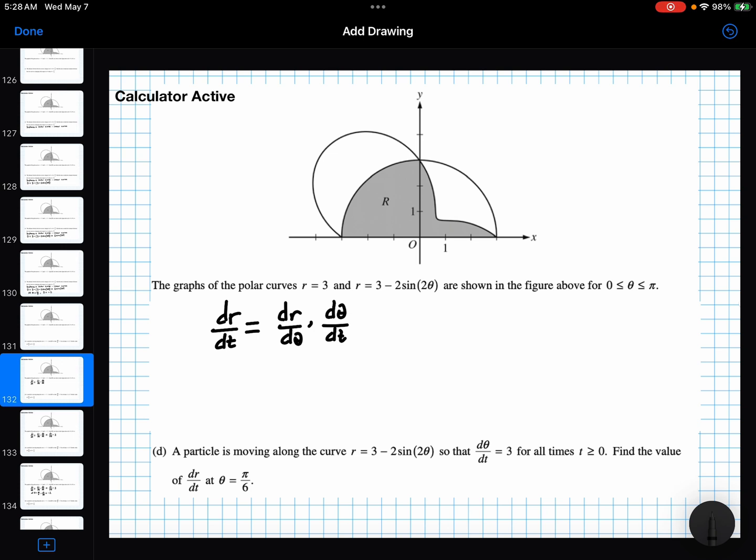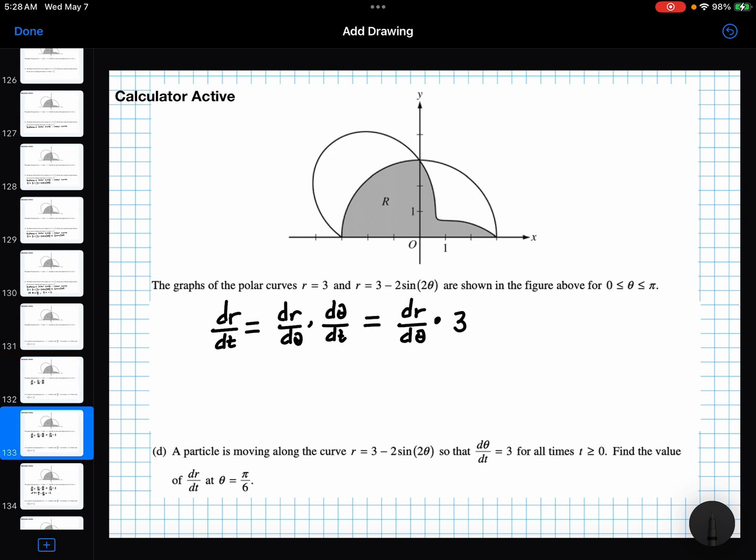I want to get rid of the theta in my denominator and replace that with a dt. So I multiply the fraction of dr d theta by the denominator of that fraction, d theta over dt. That's going to cancel out the d thetas, and I'll be left with a dr dt.